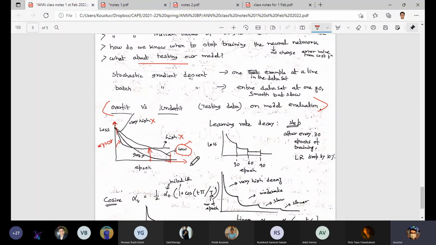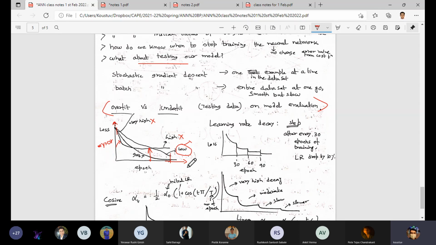Now the good one, the best one, the actual one will be that particular learning rate where the loss essentially falls with a sufficient pace, so that over a certain number of epoch calculations it reaches 0, or at least very close to 0.